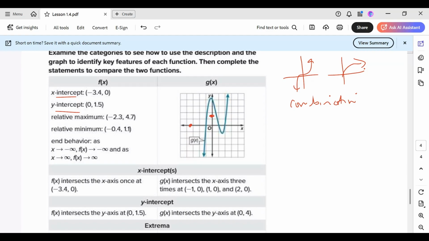It says the relative maximum is at this point. So when x is negative 2.3, there's negative 2.3 and 4.7. 2, 3, 4, 5. So somewhere up here is my maximum peak. My minimum peak, or minimum bowl of soup, happens to be at negative 0.4, 1.1. So about here.